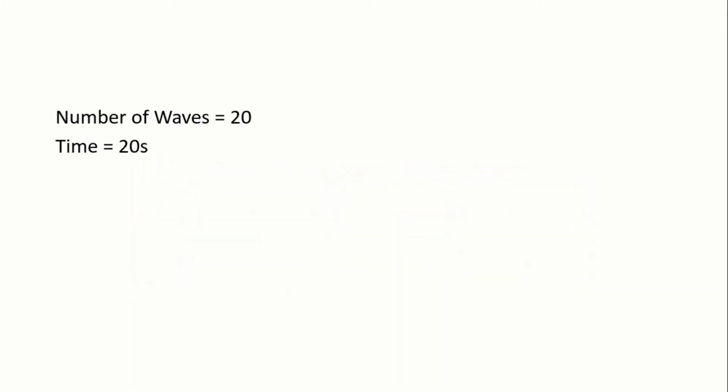Ready? Okay, start counting. Okay. Me personally, I counted 20 waves, and when I timed how long it took for those 20 waves to pass a point, I managed to get 20 seconds.